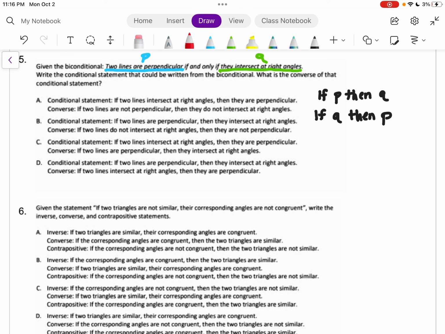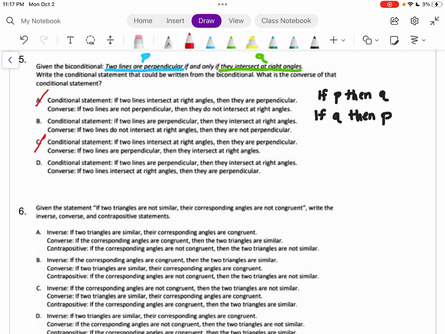Knowing this information, we can eliminate some answer choices. We know that the first one is incorrect because it doesn't start with 2 lines are perpendicular. We also know that C is incorrect for the same reason. Now we need to identify the converse.